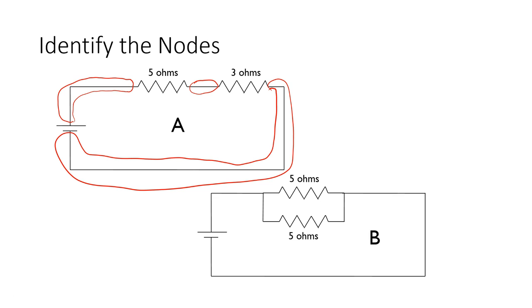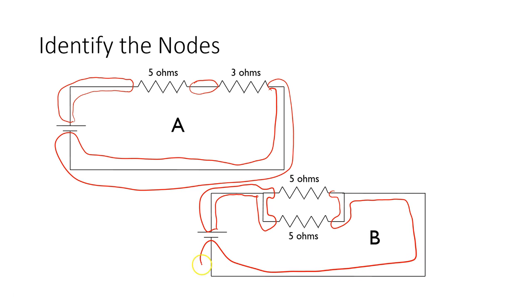So for the other one, diagram B, again we come this way. Now we branch out, but both branches are captured in the node, and the same thing on this side. So I have 3 nodes in this circuit and 2 nodes in this circuit.